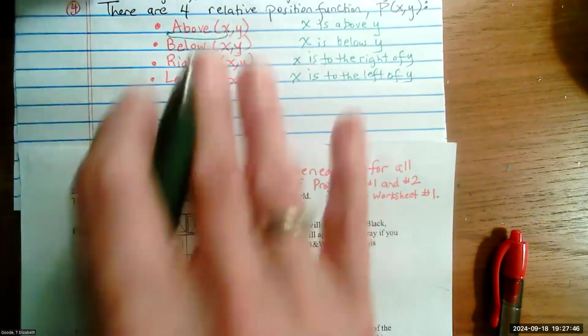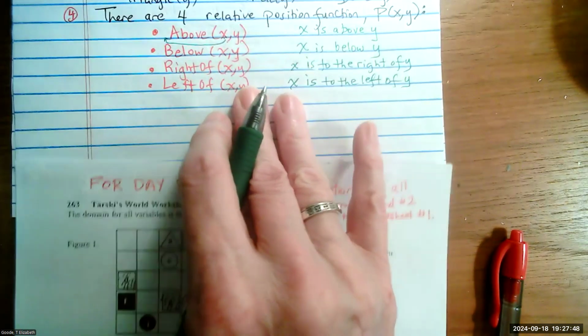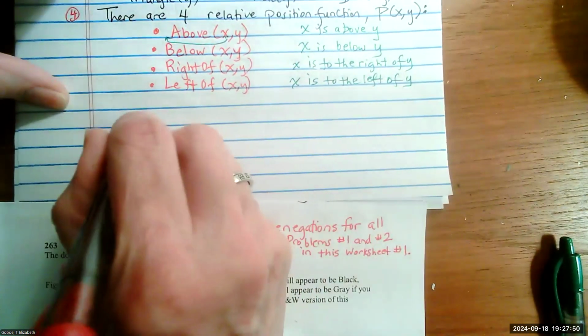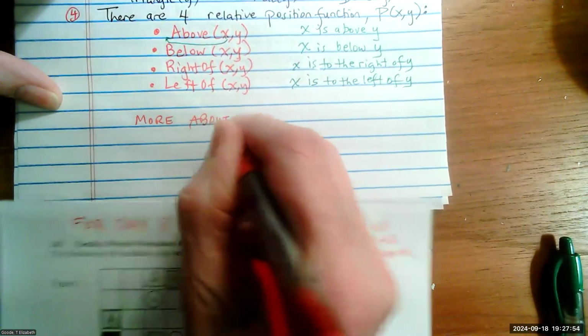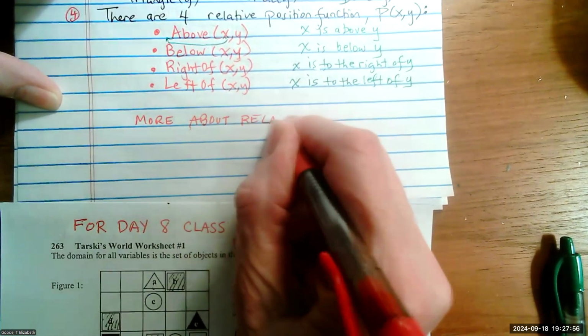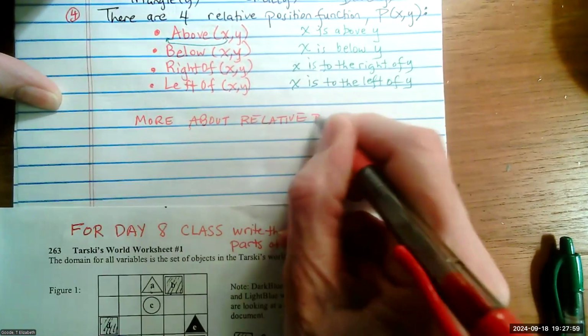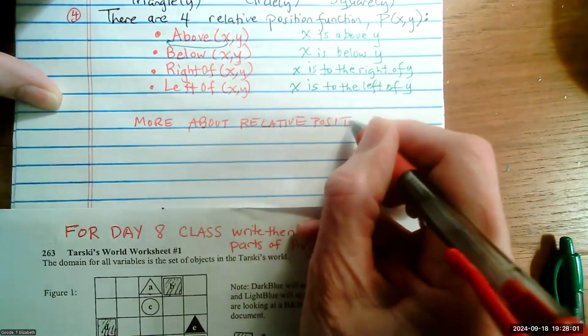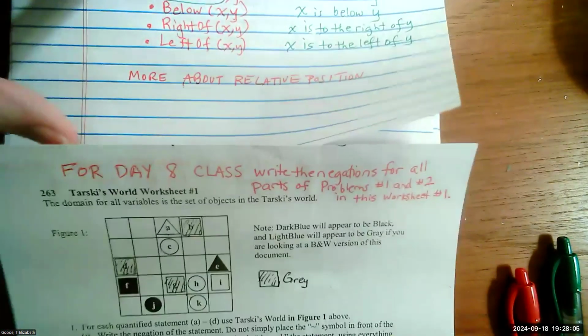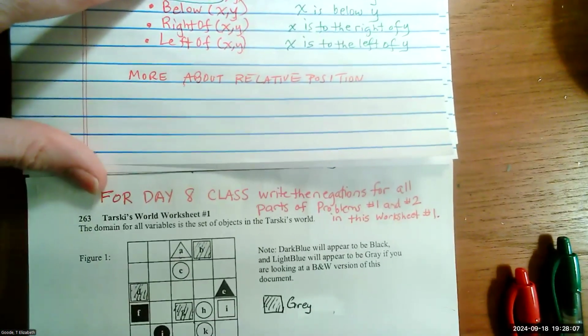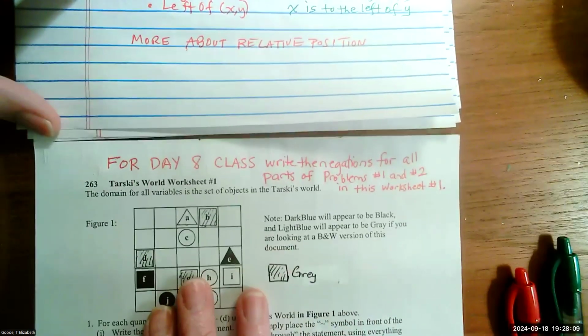Okay, so let's talk more about these, because there's a pitfall here. So, more about relative position. While we do have this discussion, we're going to be looking at figure 1. So here's figure 1.